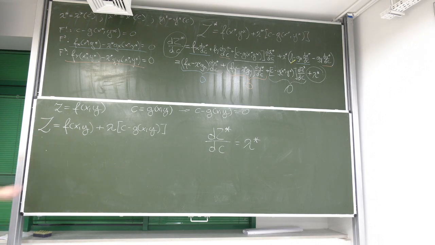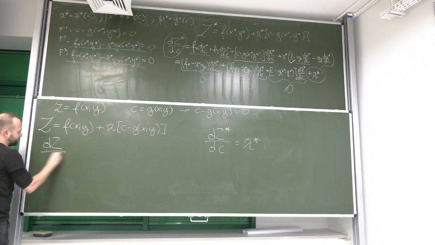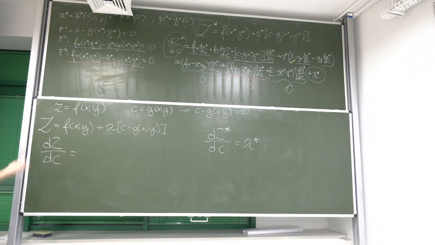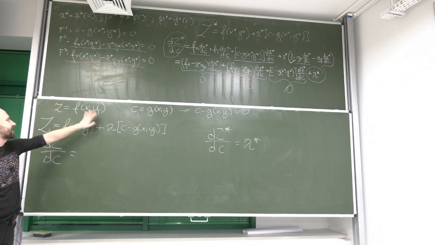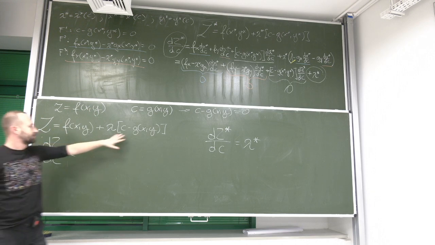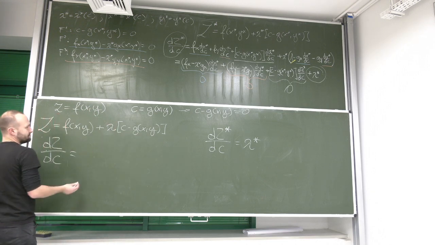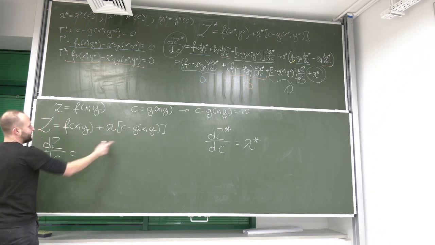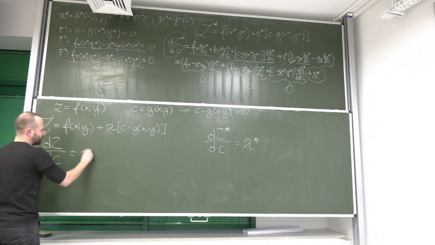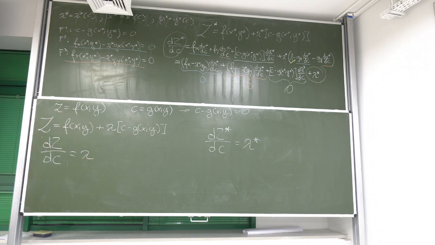Why couldn't we just do this? Look at this equation. I do not have any information that x and y is a function of c. So what do I get from this? If I differentiate this equation with respect to c, I get lambda.